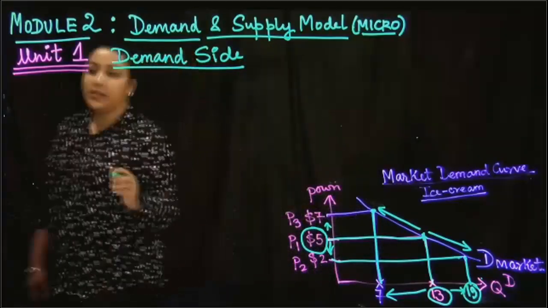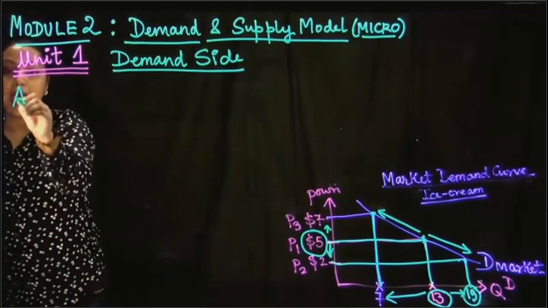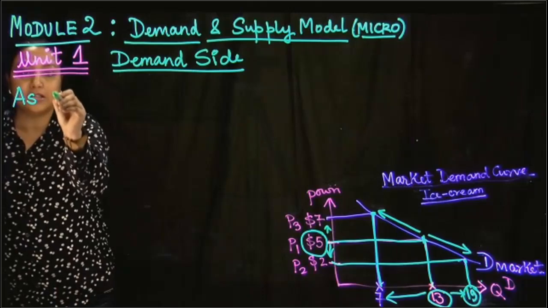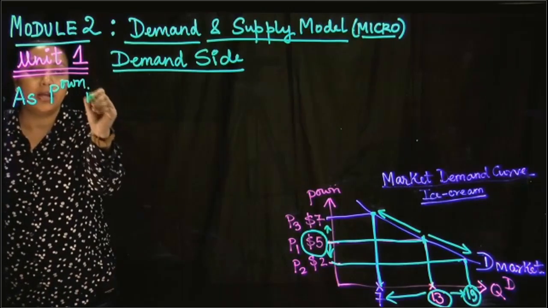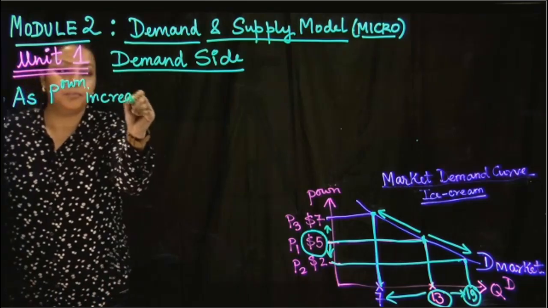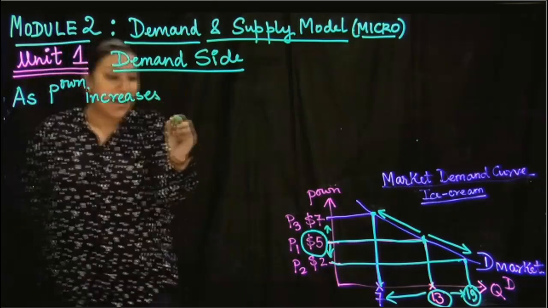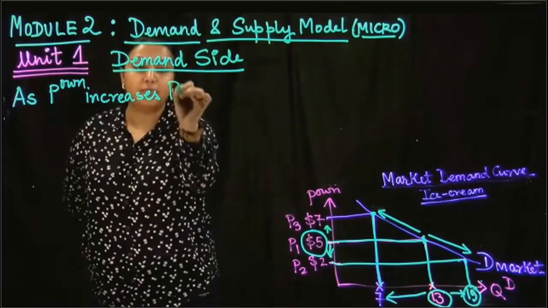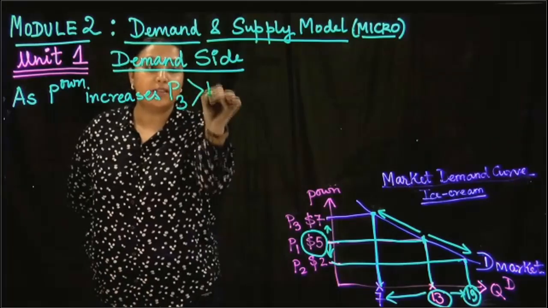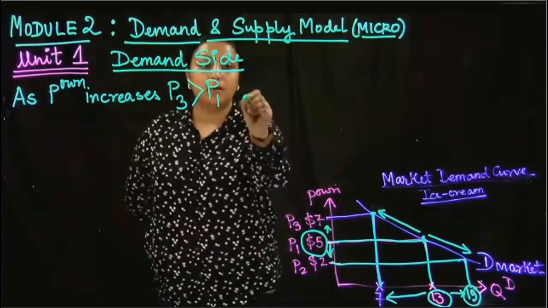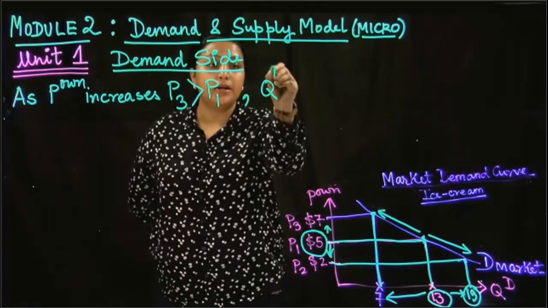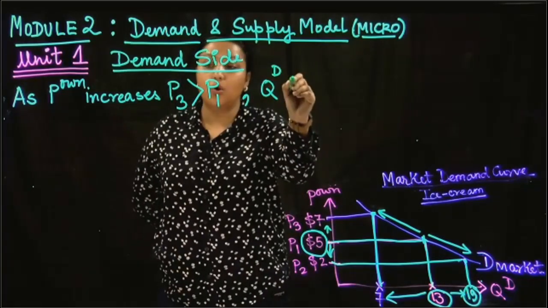So what we are really saying is that as the price, P own, increases such that you have P3 greater than the initial price P1, the quantity demanded goes down.